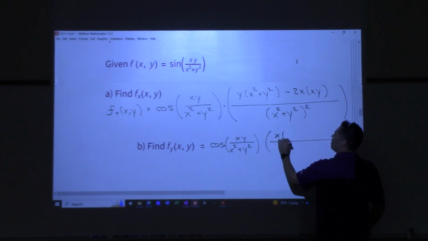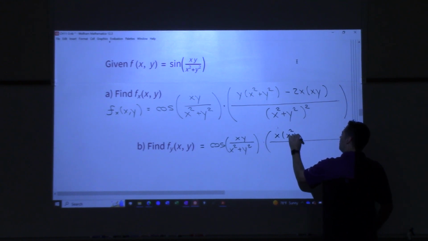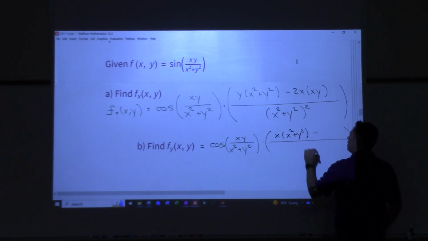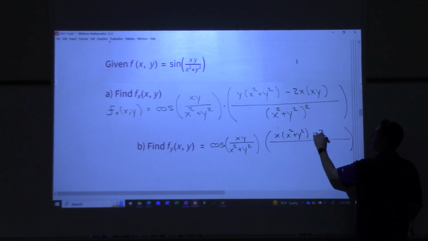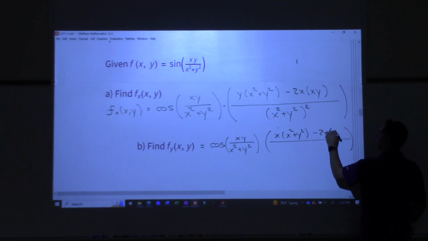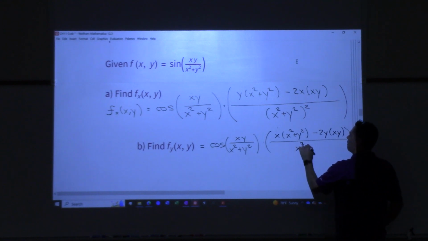And then I'll continue with the bottom, multiplied by the bottom, then minus. Okay, who's giving me the derivative of the bottom with respect to y? Go ahead. 2y. Doesn't it look a whole lot like the other one? And then x squared plus y squared squared.